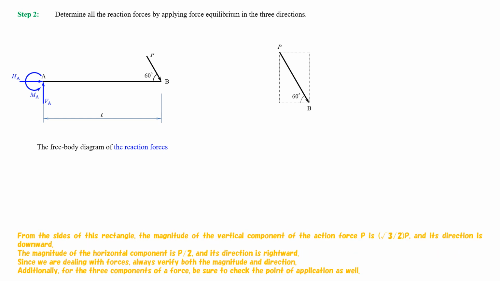From the sides of this rectangle, the magnitude of the vertical component of the action force P is the square root of 3 divided by 2, multiplied by P. And its direction is downward.